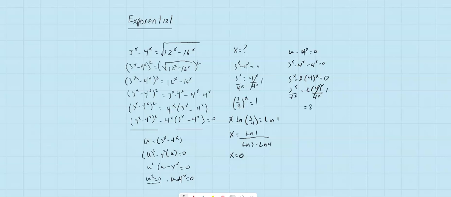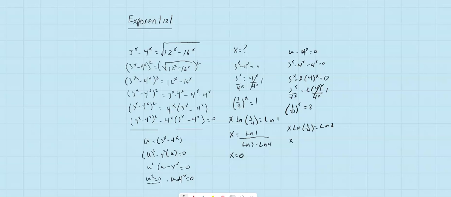And right here, I'm going to write this in this form: (3/4)^x equals 2. Well, I'm going to use the natural log and the quotient rule. So this is going to be x times the natural log of 3/4 equals the natural log of 2.